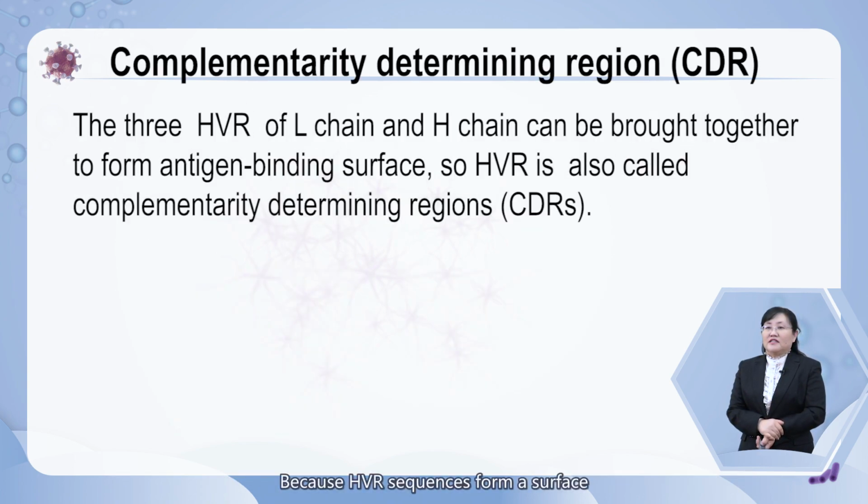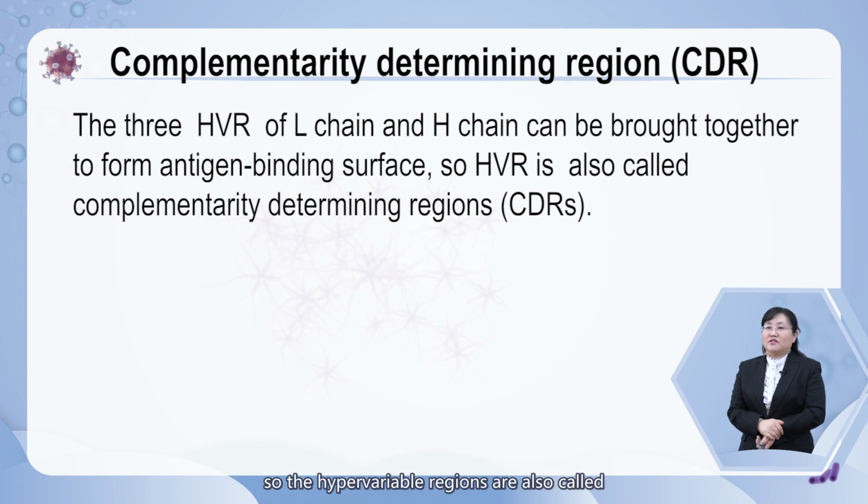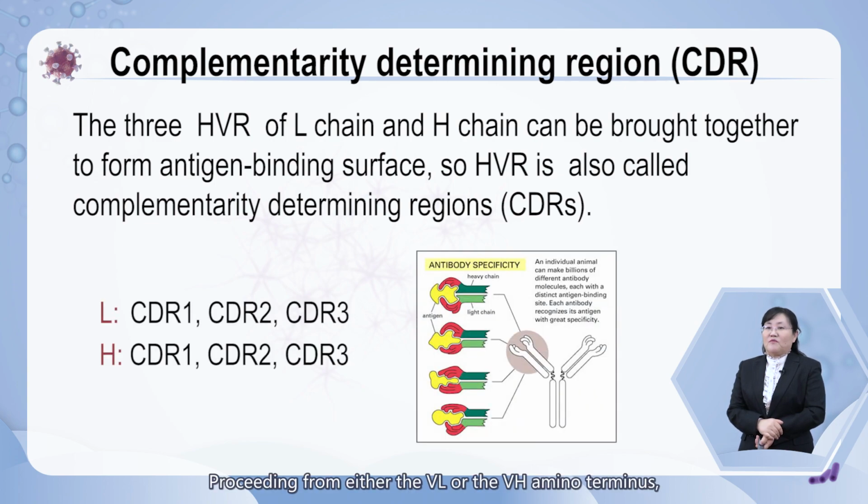Because HVR sequences form a surface that is complementary to the 3-dimensional shape of the bound antigen, the hypervariable regions are also called complementarity determining regions, CDR. Proceeding from either the VL or the VH amino terminals, these regions are called CDR1, CDR2, and CDR3.